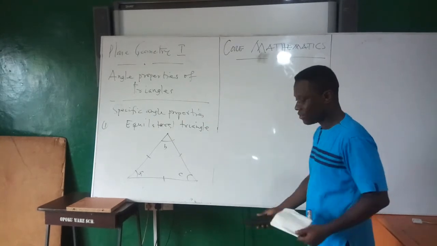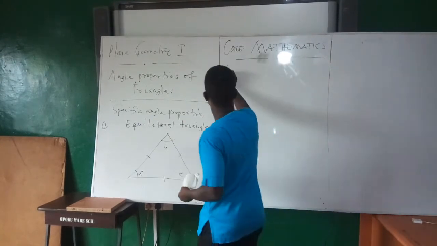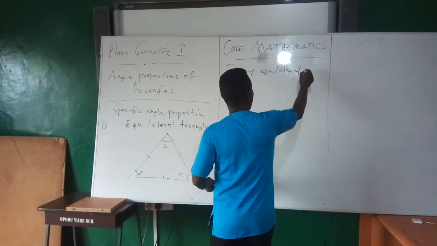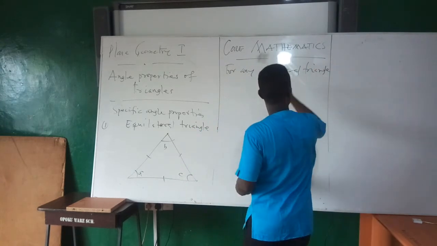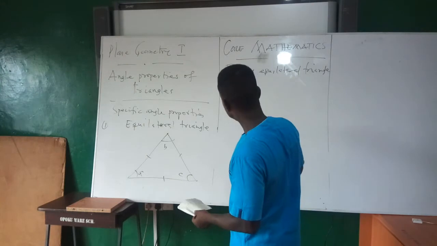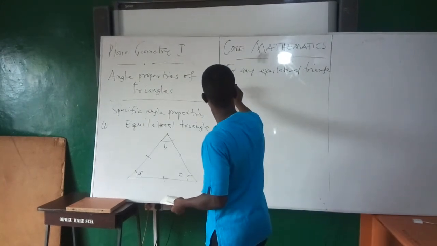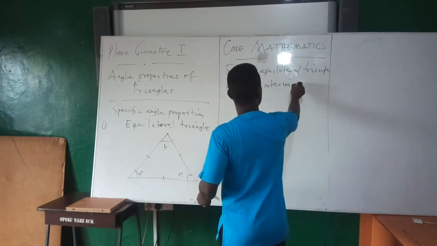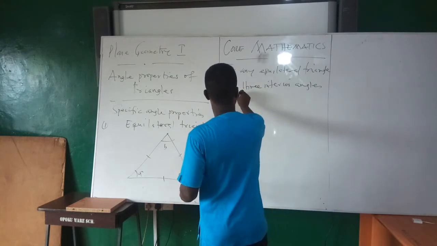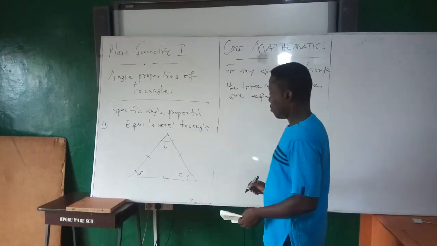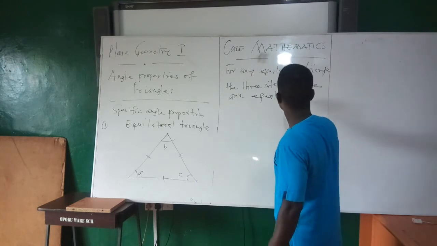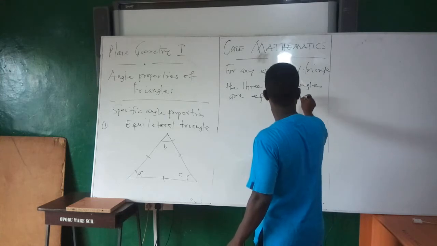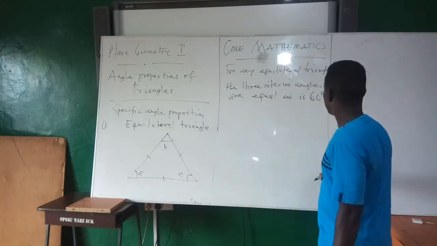For any equilateral triangle, the three interior angles are equal, and it's 60 degrees.